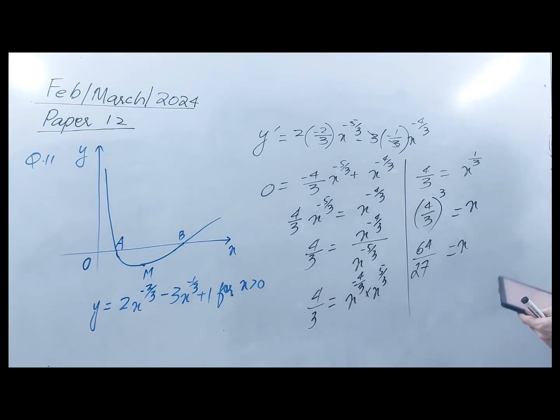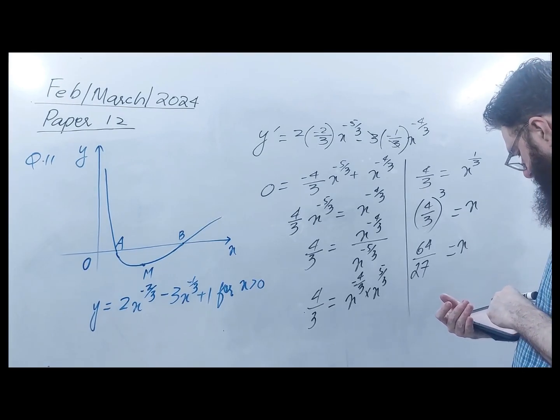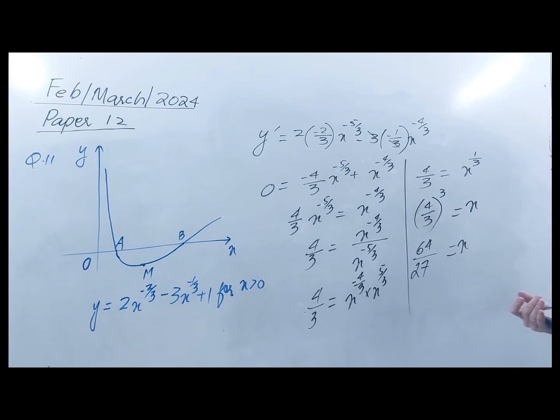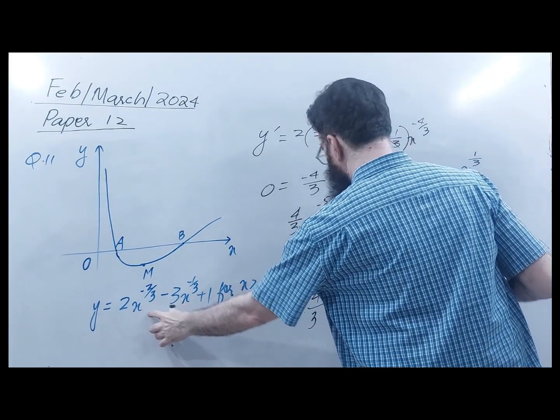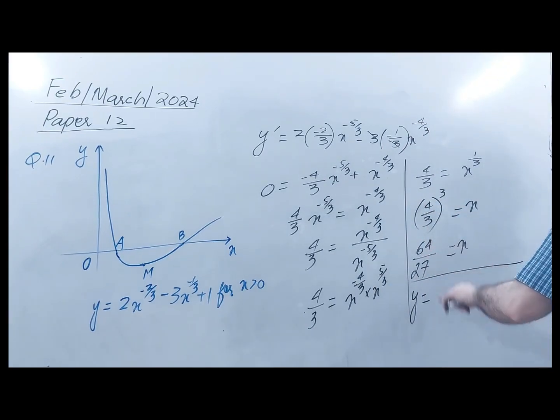Find the exact coordinates. So this is x, and we have to find y as well. So if you put y in this, it's better to find the cube value. The cube root is 4 by 3. So to make your life simpler, for y, you don't have to put x value as 64 by 27 and then take the cubes.